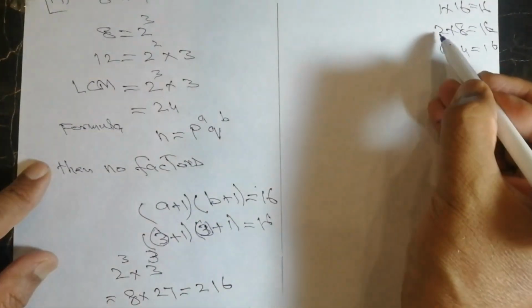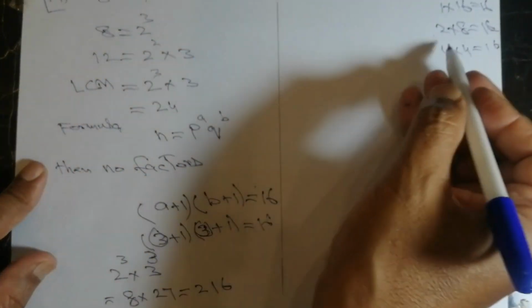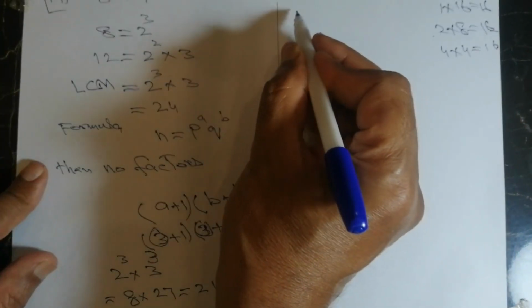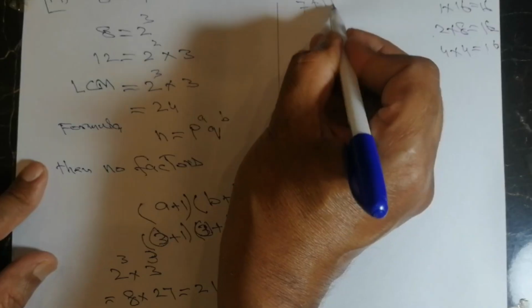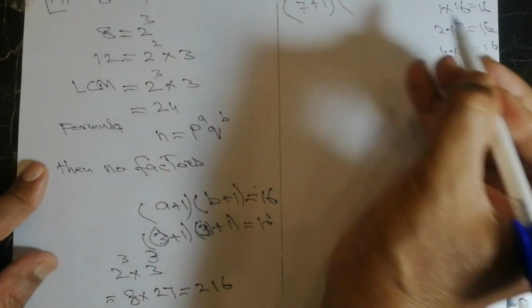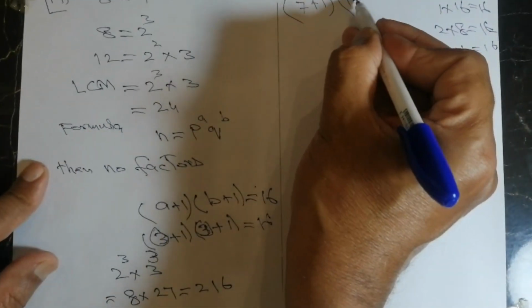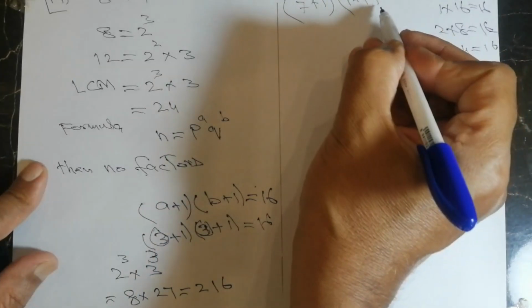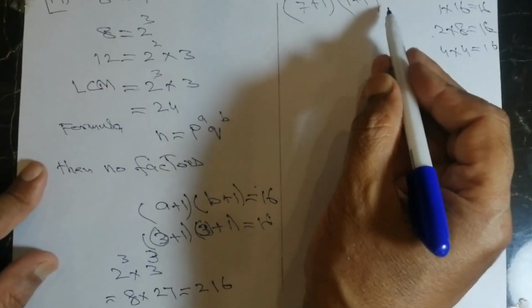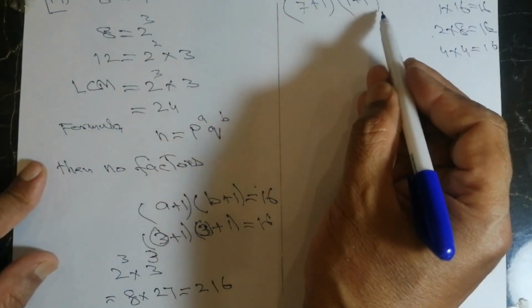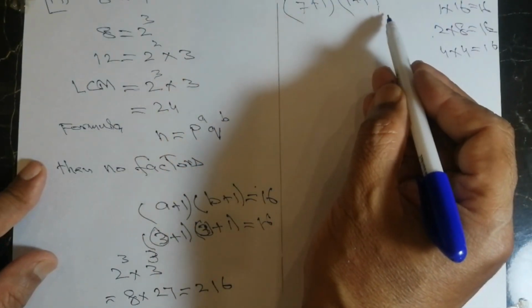Now the other pair is this one, 2 into 8. 8 we can write as 7 plus 1, into 1 plus 1. So if we see 8 into 2 is 16, it means that the number of factors is 16 in this case also.